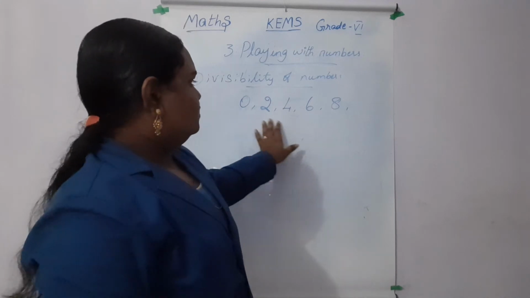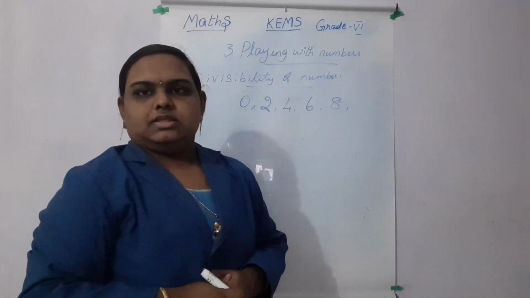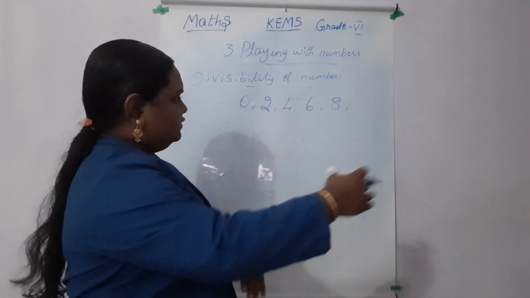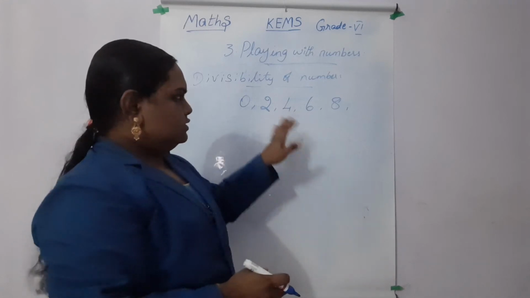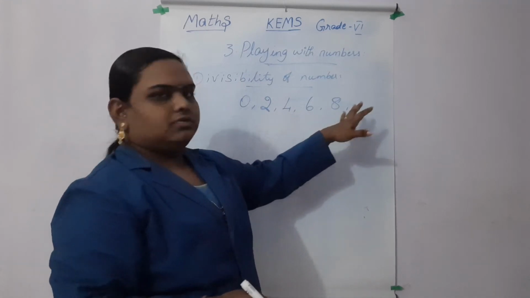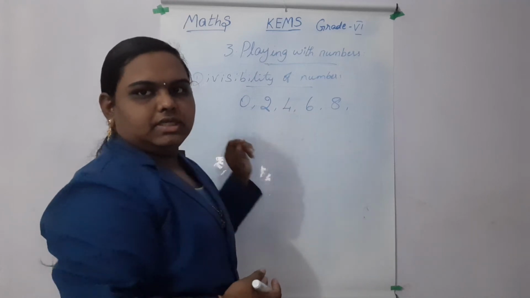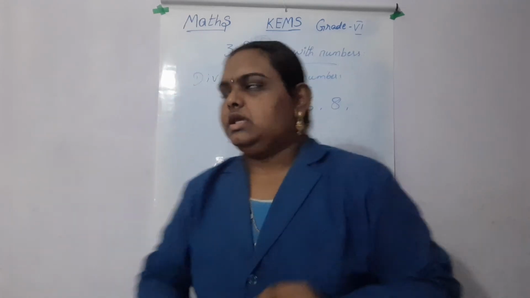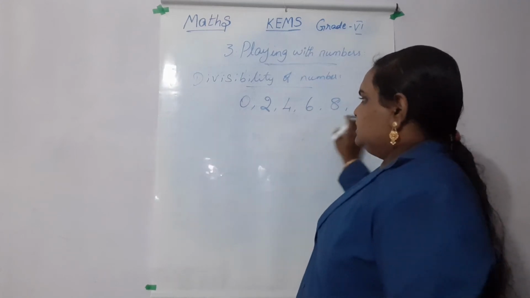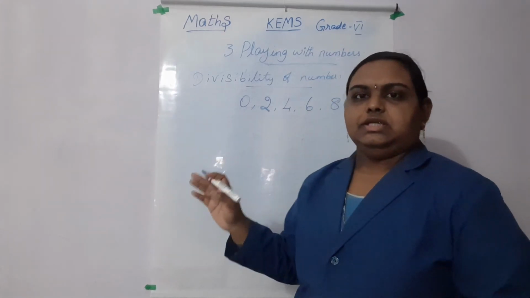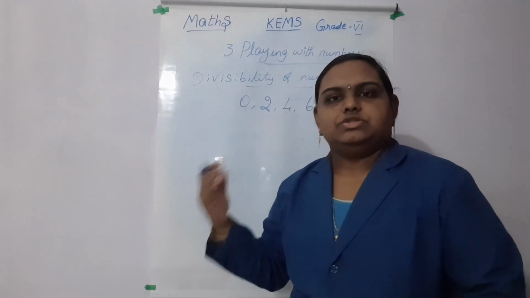These are the multiplication table of 2, isn't it? 1 2s are 2, 2 2s are 4, 3 2s are 6, 4 2s are 8, etc. So these are the single digit numbers of the multiplication table of 2. So these numbers can be divided by 2.